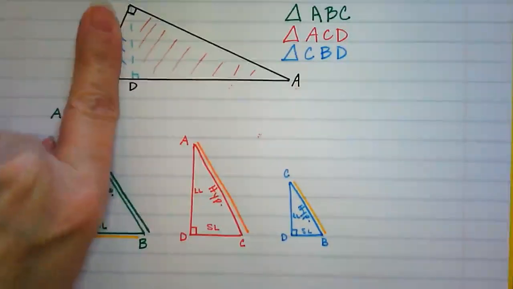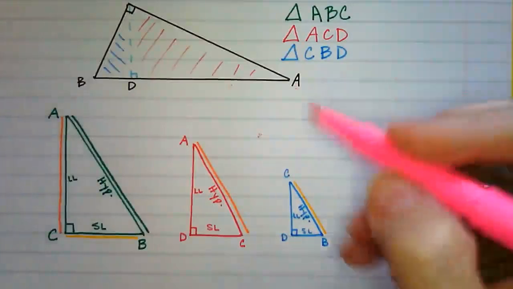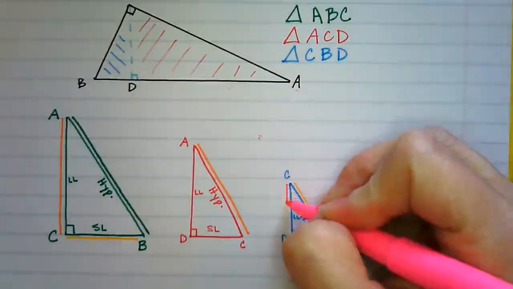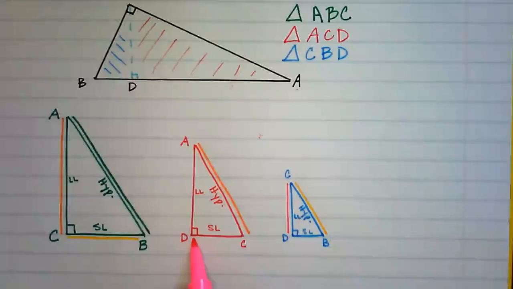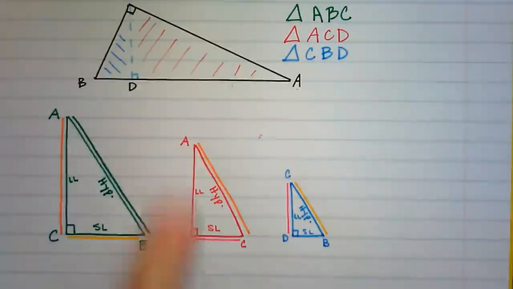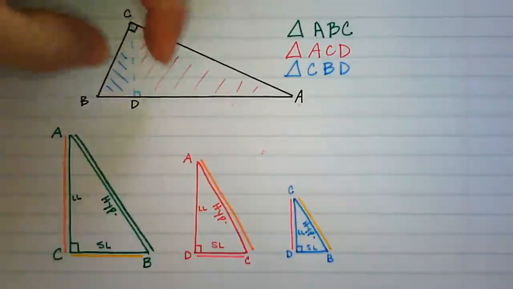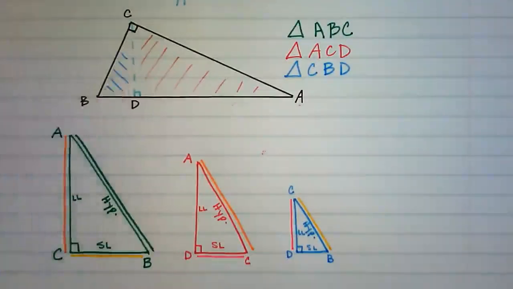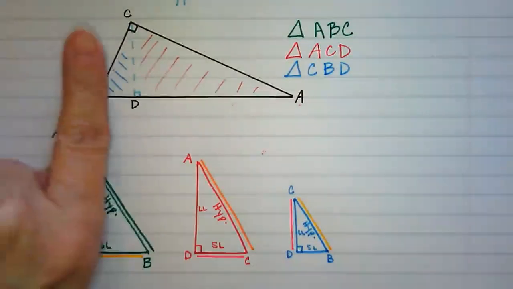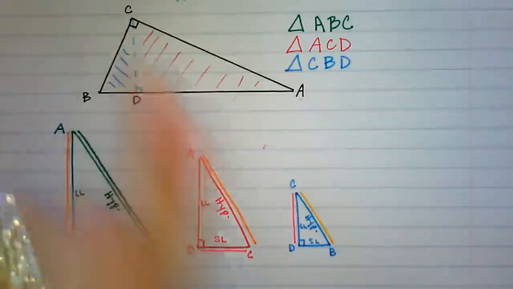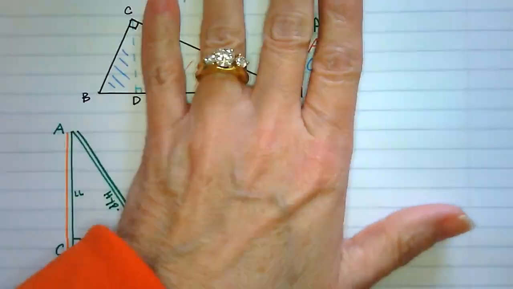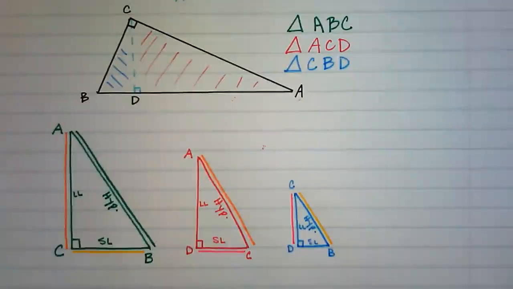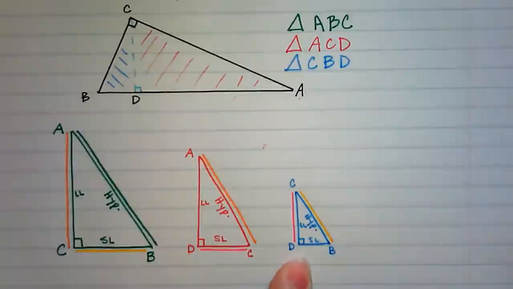All right, now there's a relationship between Mama Bear and Baby Bear, and that is that Baby Bear's long leg is Mama Bear's short leg. That makes sense because the altitude that we dropped is what created Mama Bear and Baby Bear. So that side is in both triangles. It's the short side of Mama Bear, but the long leg of Baby Bear, which again makes sense because he's the baby.